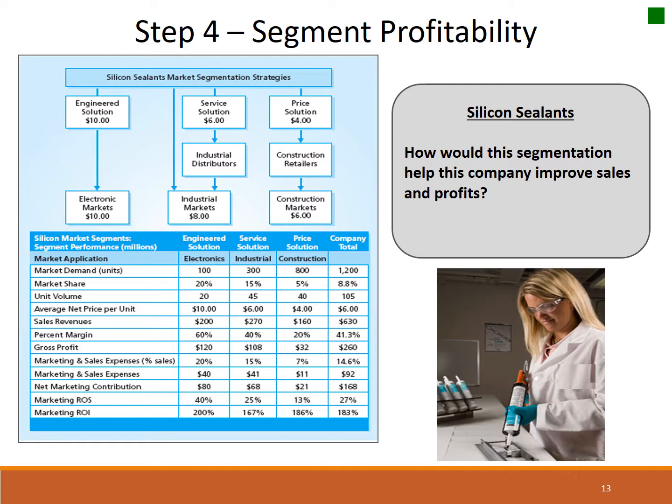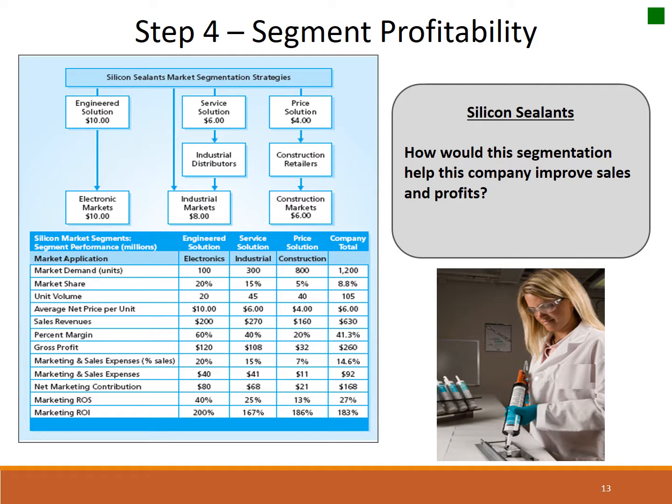The units may be in millions, it's difficult to tell from this, but thousands or millions. They produce more than 85%, 90% of the volume of sales the company experiences. So if you're driven by volume, then even though the electronics market might be most profitable, that might not be the key driving point for you to choose.